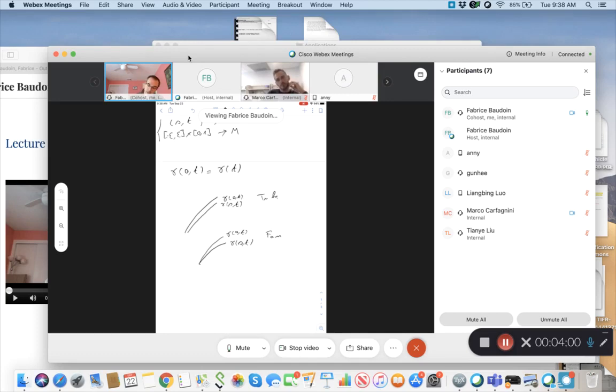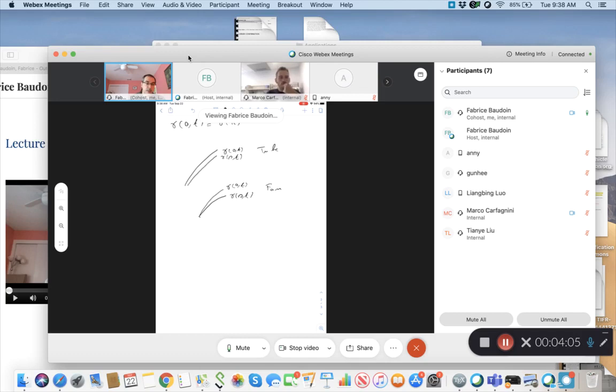Okay, so if we have a variation of a curve, there is an important object associated to it, the so-called variation field. So if gamma of s,t is a variation of a curve gamma, we have two types of field, the velocity field and the variation field. The first one is the velocity field.